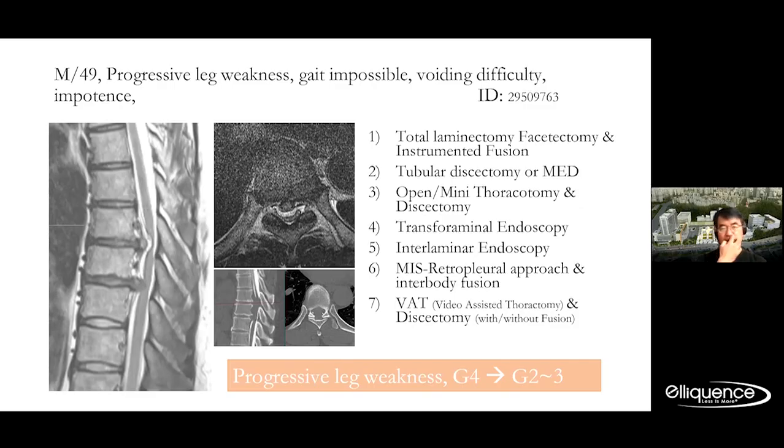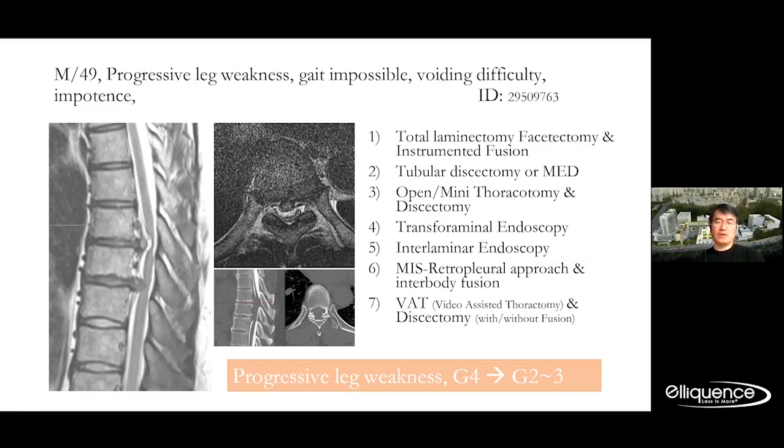You are seeing the MRI of the thoracic spine, T7, 8, 9. There is a huge disc herniation, right? Compressing the spinal cord, with highly compromised canal at the two levels. It is a very sad situation for the patient, right?